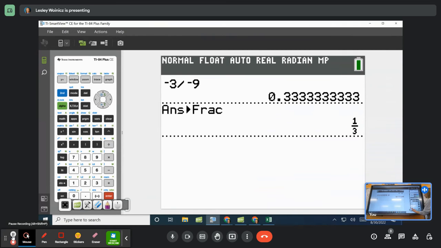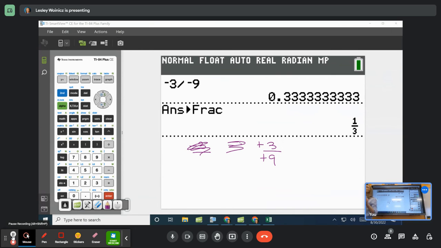Okay, let me show you something else. So I've got negative 3 divided by negative 9. My negatives are canceling, they're turning positive.